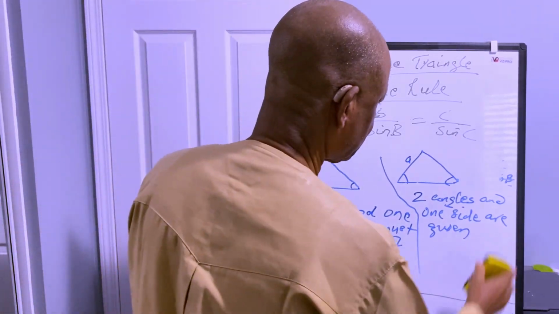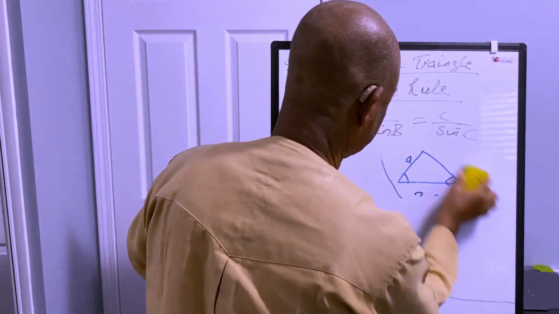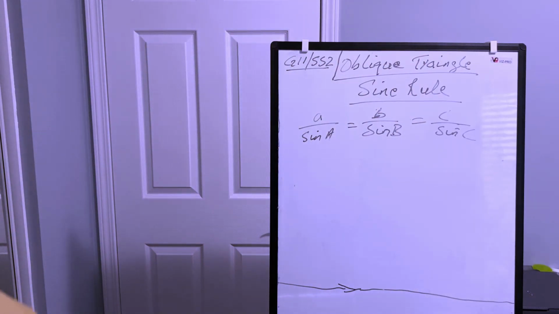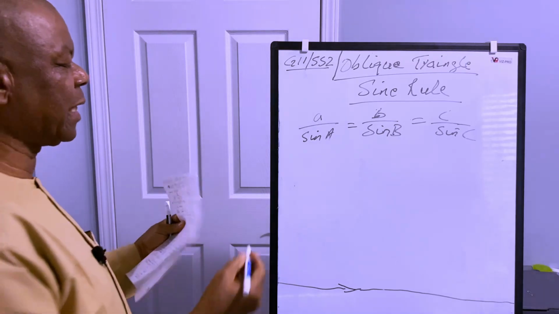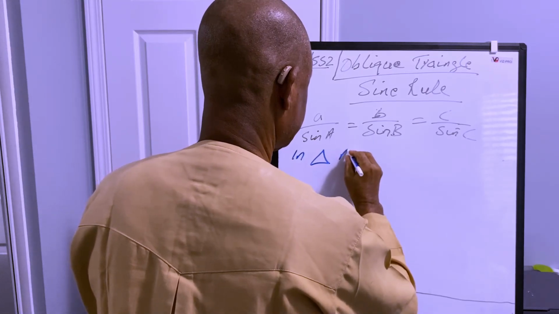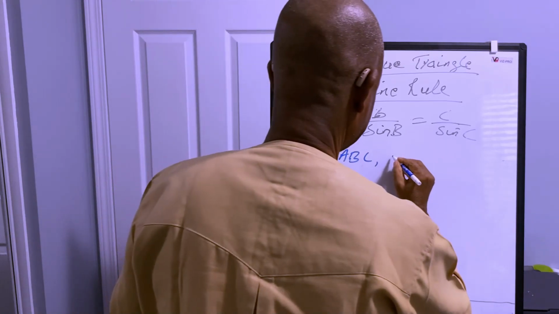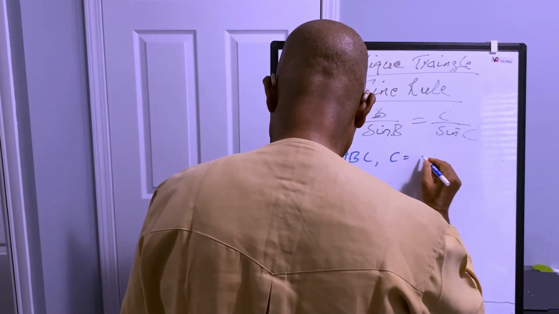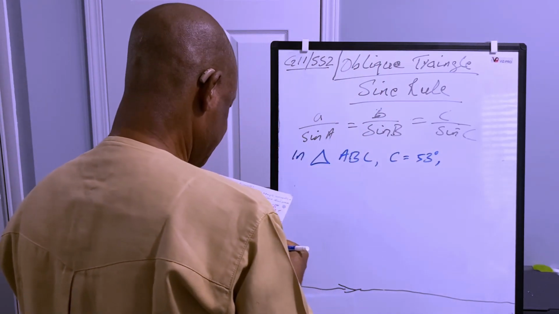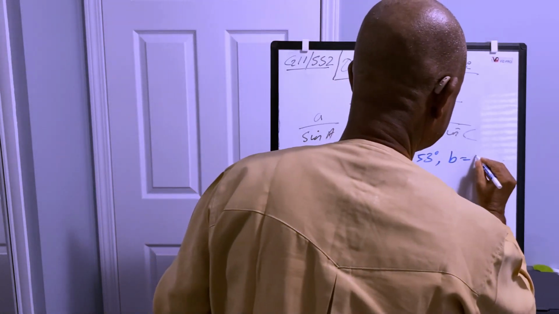Let's have one or two examples that require the application of sine rule. Here we are told in triangle ABC that angle C is equal to 53 degrees and side B is equal to 3.36 cm.